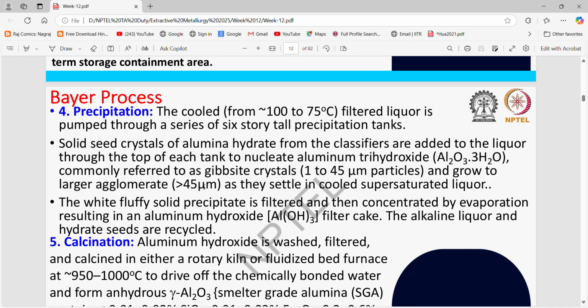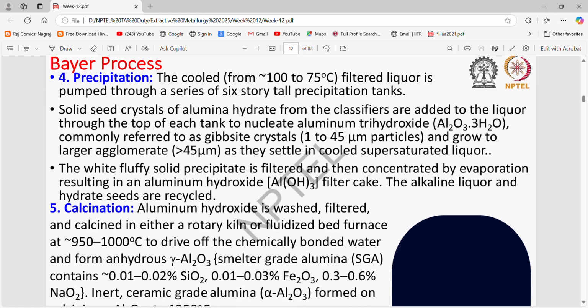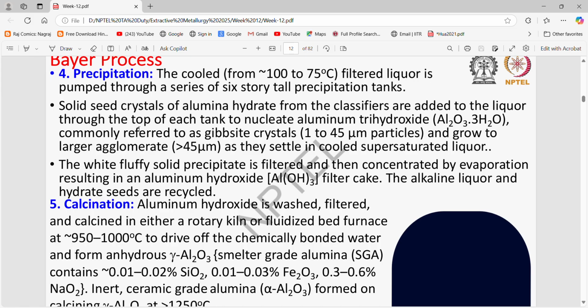The white fluffy solid precipitate is filtered and then concentrated by evaporation, resulting in an alumina hydroxide filter cake, and the alkaline liquor and hydrated seeds are recycled back for the leaching process and seeding process.